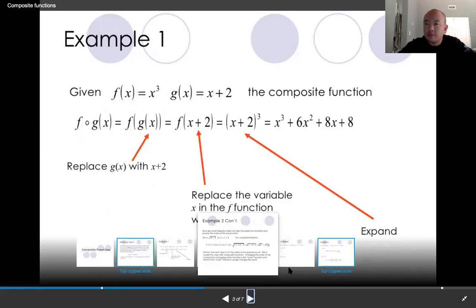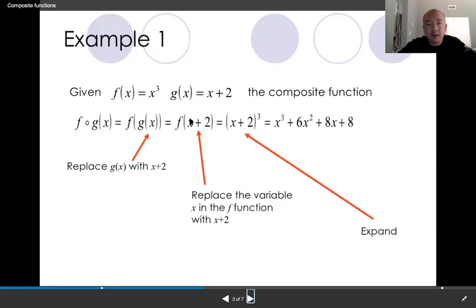Let's give you an example here. I have the f function of x cubed, and the g function of x plus 2, and I want to find f of g of x.